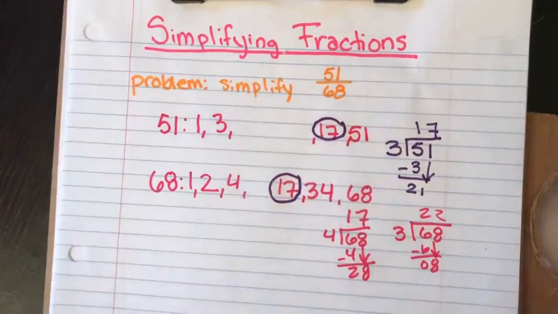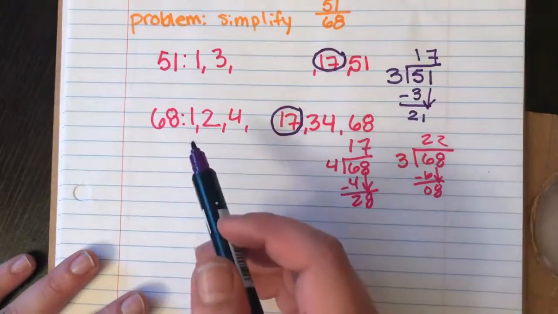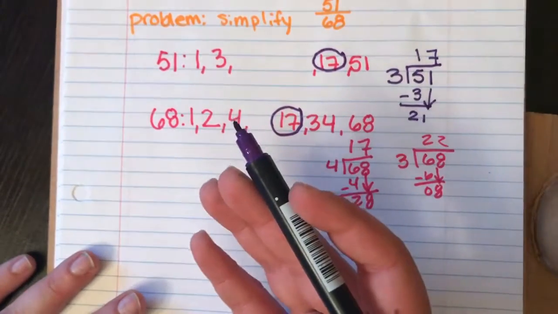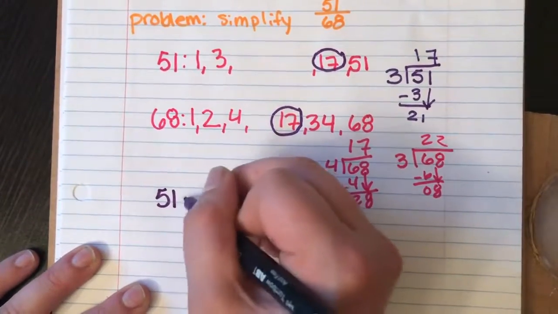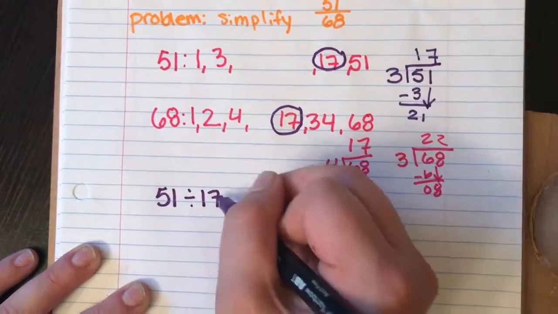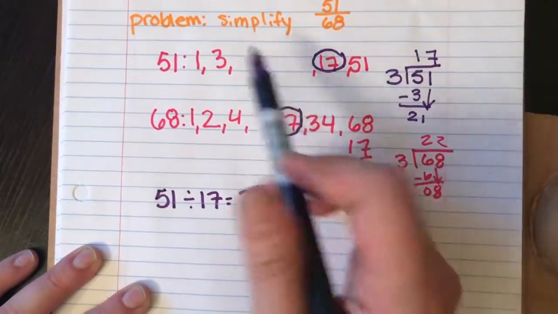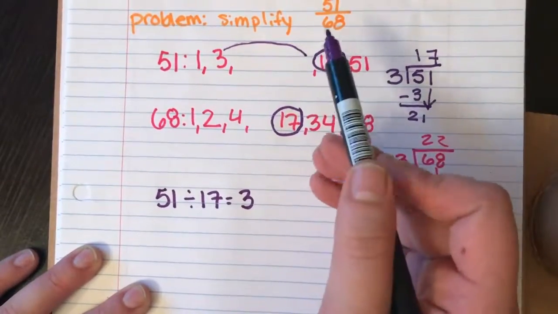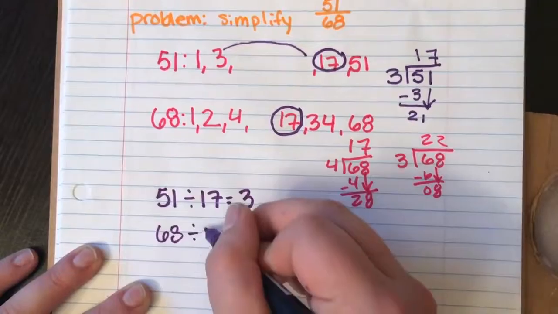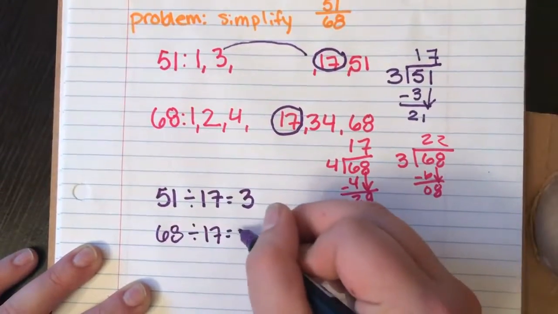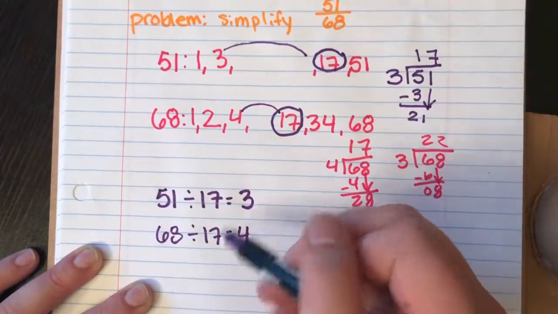So in order to simplify the fraction using the greatest common factor, I'm going to divide both the top number and the bottom number, the numerator and the denominator, by the greatest common factor. So 51 divided by 17, I know is 3, because 3 times 17 is 51. 68 divided by 17 is 4, since 4 times 17 is 68.